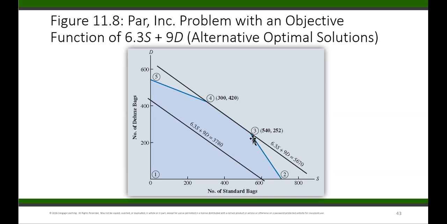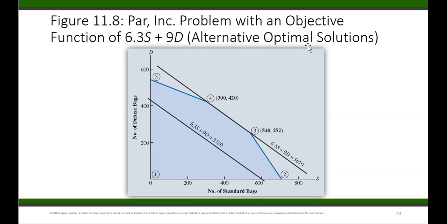So both these corners, 3 and 4, and any point in between, when you plug them into the objective function, it always gives you the maximum point, which is 5,670. So any point on this line from point 3 to point 4 is indeed an optimal solution. So this is really what we mean by alternative optimal solution.